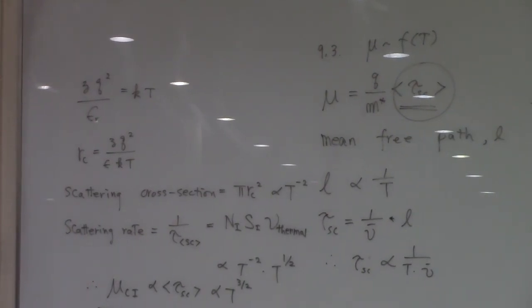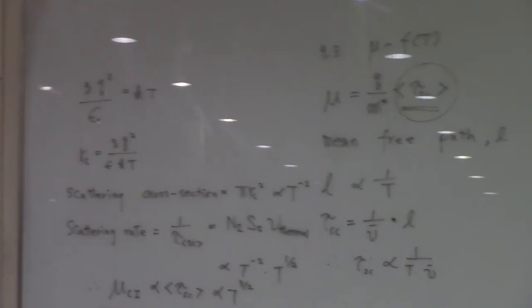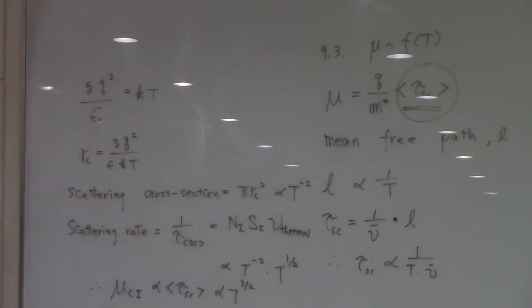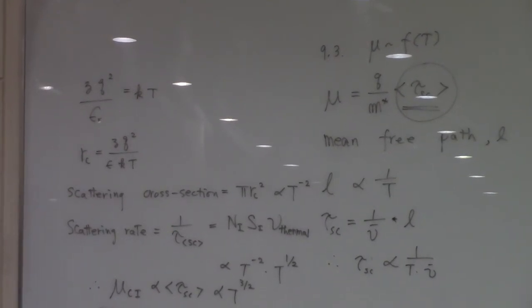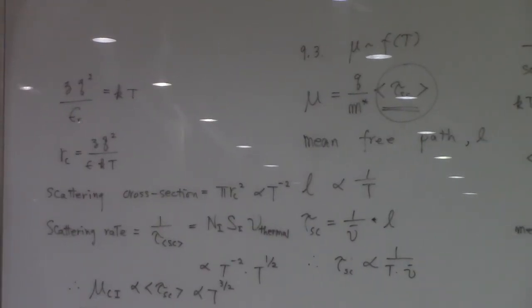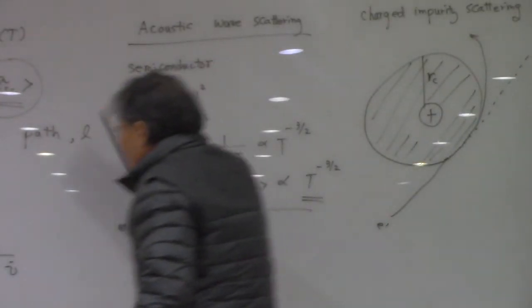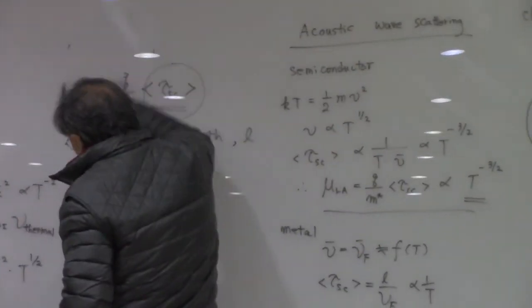So, if you have a material where more than one scattering event is involved, then you should add up all those mobilities due to different scattering events, and then the summation is going to be done.